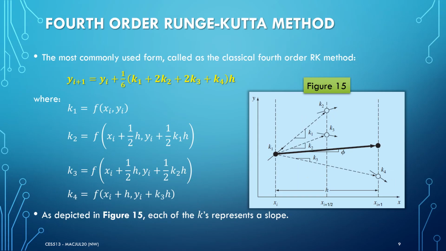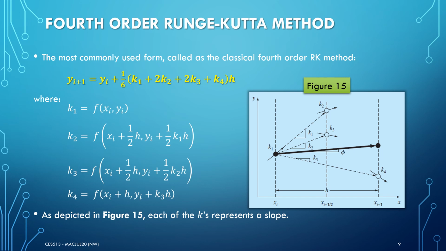Now we will look at the fourth order Runge-Kutta method. This method is actually the most popular of the Runge methods. As with the second order approaches, there are an infinite number of versions, so the following is the most commonly used form, called the classical fourth order Runge-Kutta method.